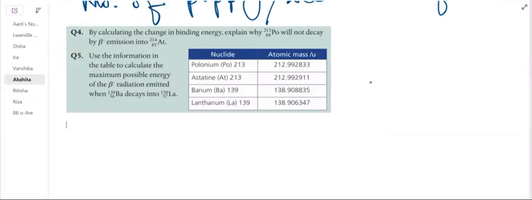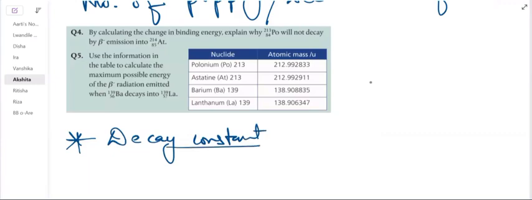So let's do the next topic, that is decay constant. That is nothing but lambda. Okay, so let me show you a picture over here.